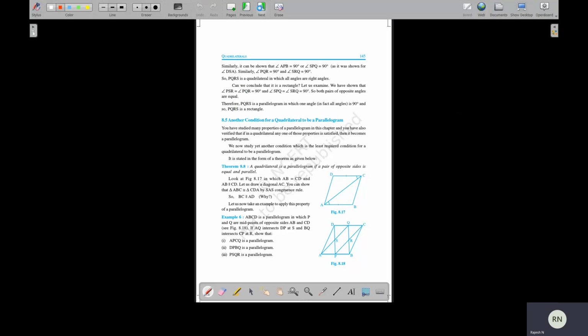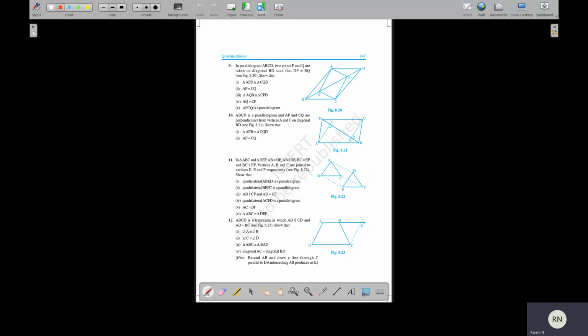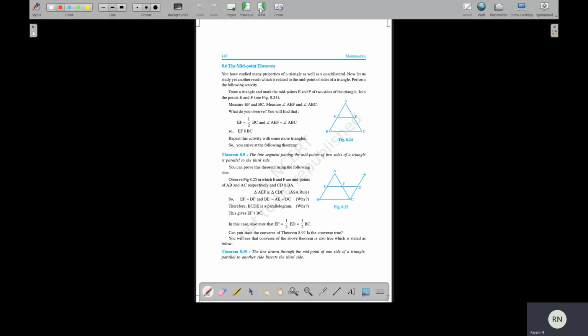Next, midpoint theorem. What is the midpoint theorem? In triangle ABC, E is the midpoint of AB, F is the midpoint of AC, then EF is parallel to BC, and EF is equal to half BC. This is called the midpoint theorem.